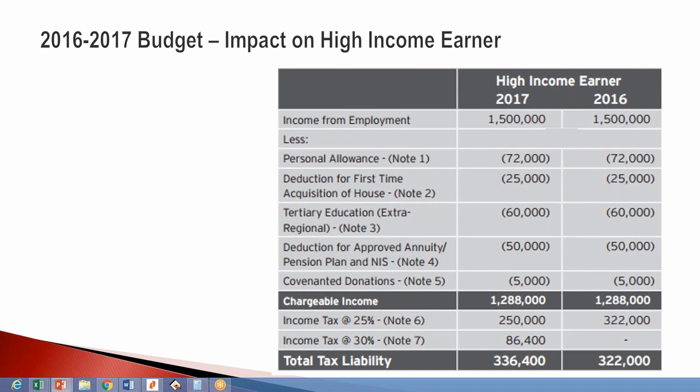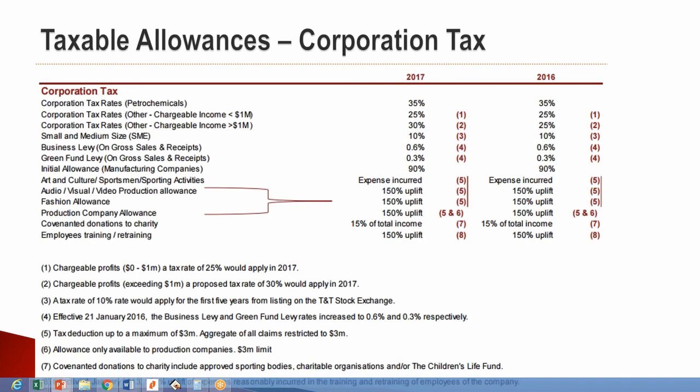Simple as that. But I'm going to show you this in a different way later on, so we need to be mindful of those things. These are taxable allowances for sole traders and individuals. But I just want to talk a little bit about corporation tax. I'm doing 2017 again, but I'll come back and bring you up to date in a little while. I want to draw your attention to the fact that there are allowances also for persons in a corporation.